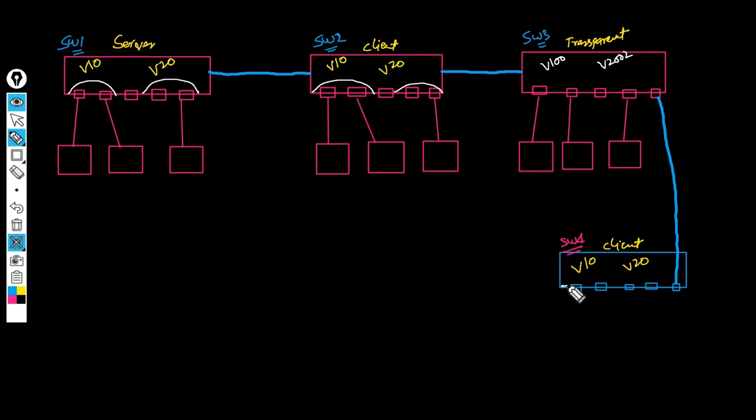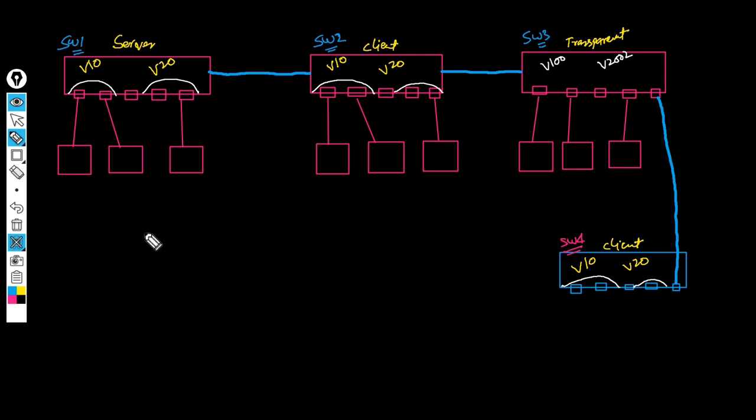VLANs will be present, you need to assign the ports to every switch. This is your job. Okay. So make sure, this is very important, only VLAN information will get replicated. The ports you still need to assign individually to switches. This is very important. Okay.